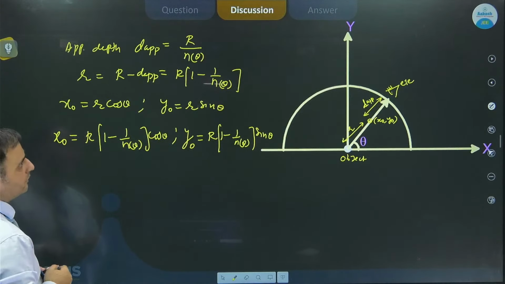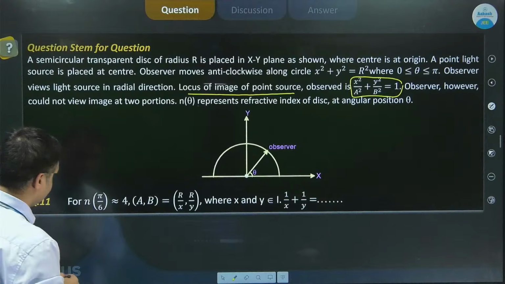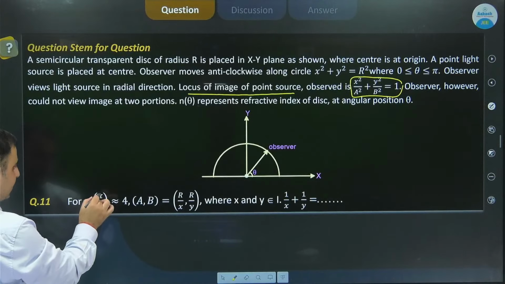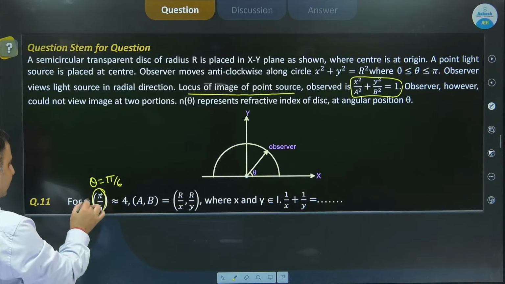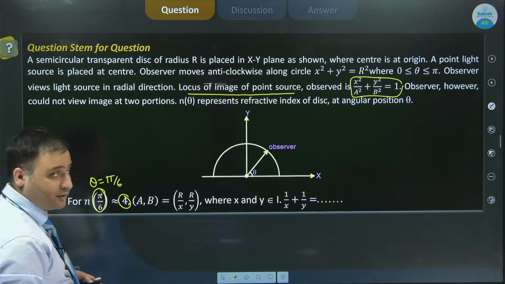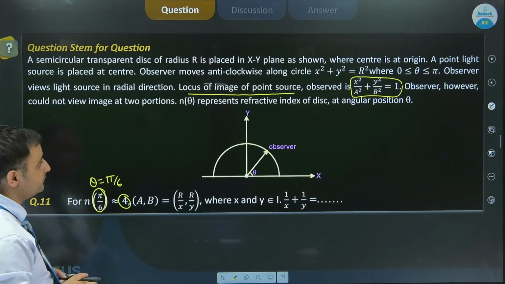Now let's move to the question. For theta equal to pi by 6, the refractive index is nearly equal to 4.